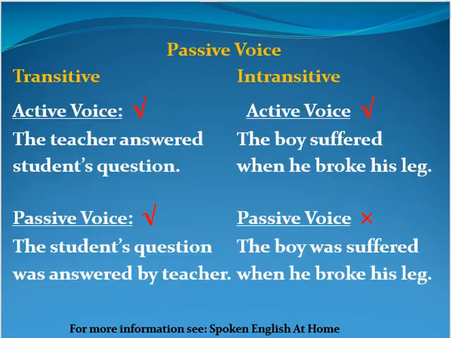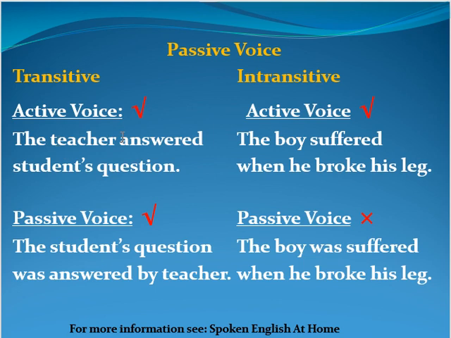Let's go to another slide. At the beginning, I said if we do not know about transitive and intransitive verbs, then we will not be able to change active voice into passive voice. We want to have some practical examples here to understand more about transitive and intransitive verbs and their uses. Look here, in active voice we can say, for example, the teacher answered the student's question.